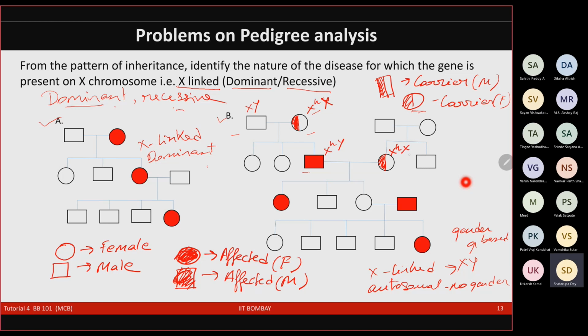Now if you work out the genotypes, you will see that this affected female has both copies of the hemophilia gene. So both recessive copies, this female is suffering from hemophilia here. When you cross this, all the females are either going to be carriers or they are going to be affected, which means that this female is also another carrier.